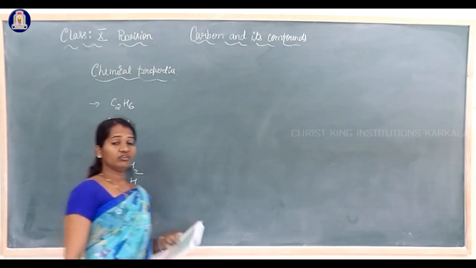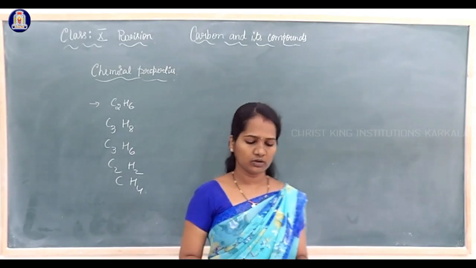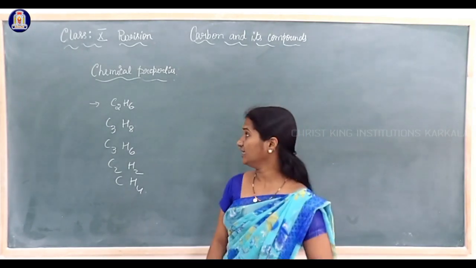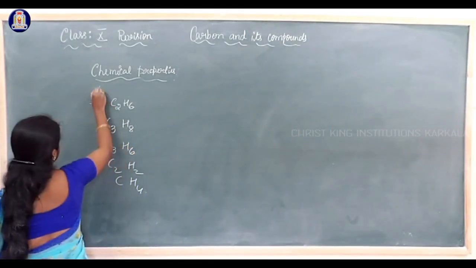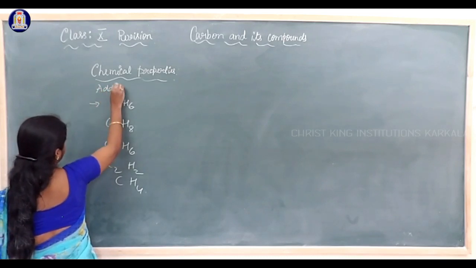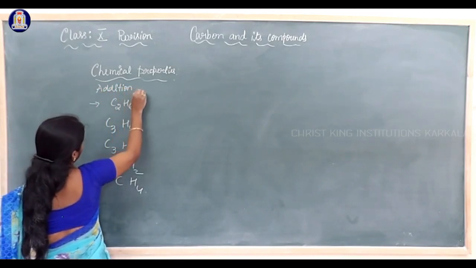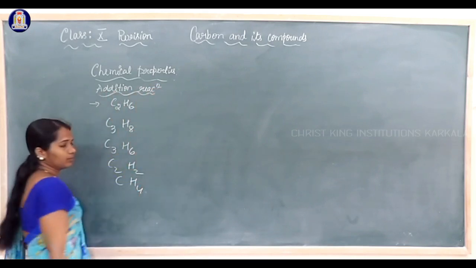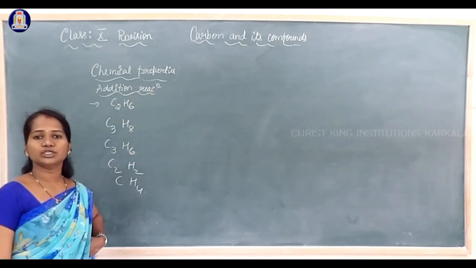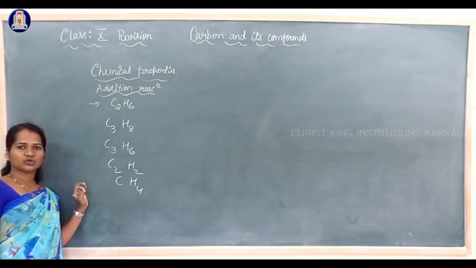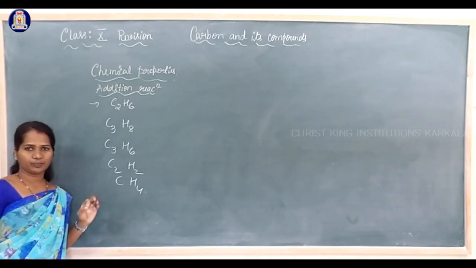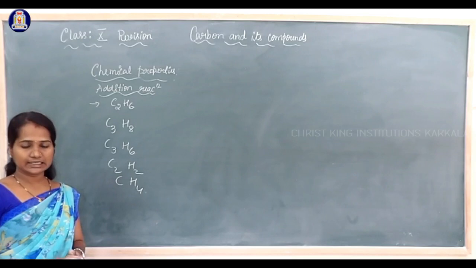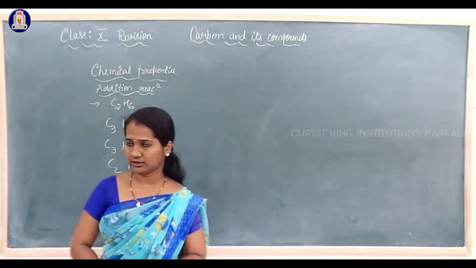Which compounds undergo addition reaction? Unsaturated compounds undergo addition reaction, those with a double bond or triple bond. It may be alkenes or it may be alkynes.